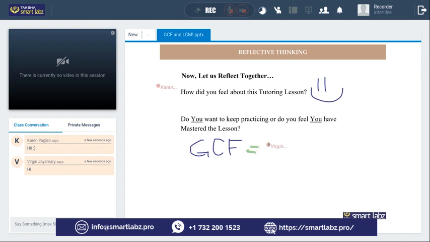Let's say 6. Just do a couple. What's greatest common factor of 6? 6 into 2 is equal to 12. Okay, all right. So those are factors. Yes, multiplying 2 numbers and 12. Lower common multiple is, if it was 6, 12. Yes, exactly. Okay, all right, very good.